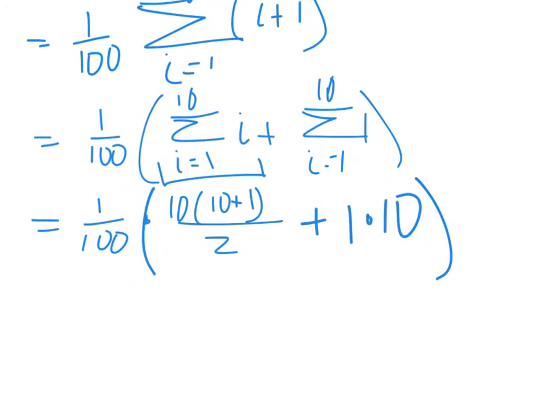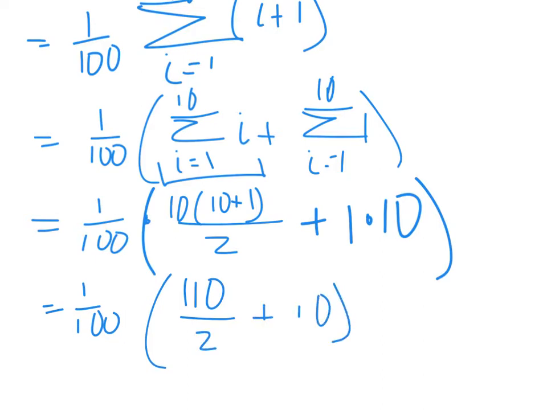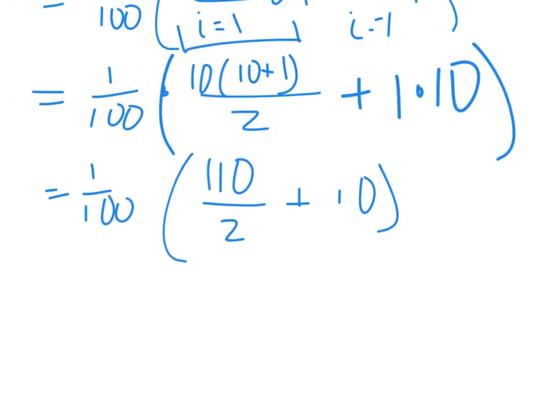Okay, so we got 1 over 100, and on top, that's actually 11 times 10 divided by 2 plus 10, so that's just 55.